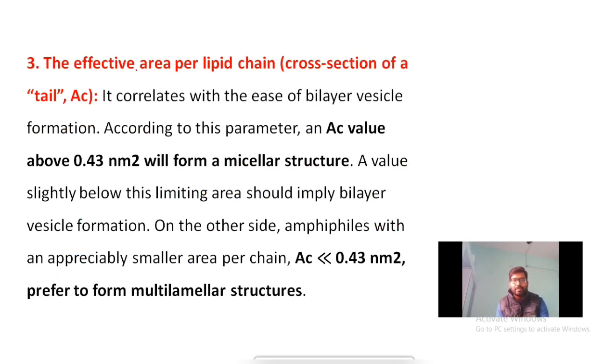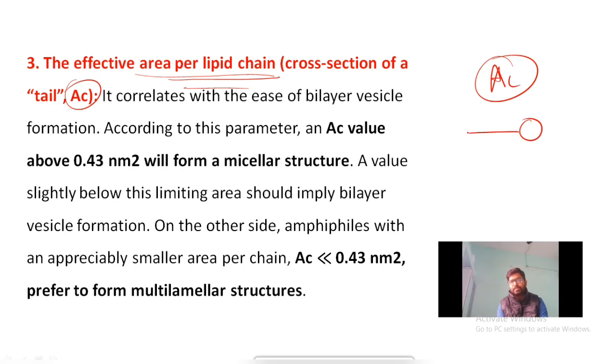Then coming to the next point, the effective area per lipid chain. What is it? It is often denoted by AC. See, this is your head portion and this is your tail portion of the surfactant. If you consider the cross sectional area of the tail portion, that is indicated by your AC, the effective area per lipid chain.